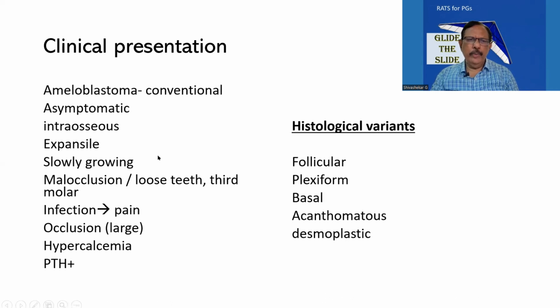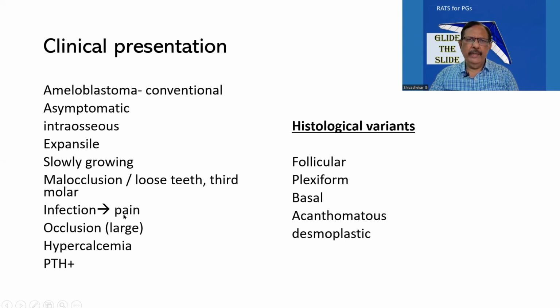The conventional tumor is usually asymptomatic. Intraosseous, in the sense it occurs within the bone, and is an expansive lesion, slowly growing. There can be a presentation of malocclusion or a loose tooth, the third molar.